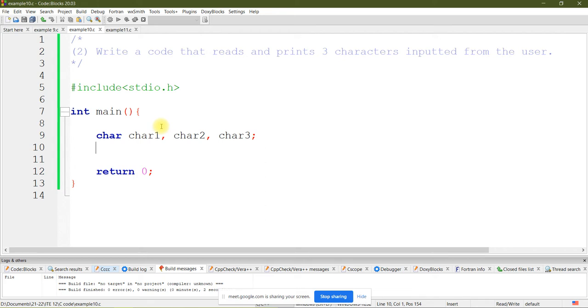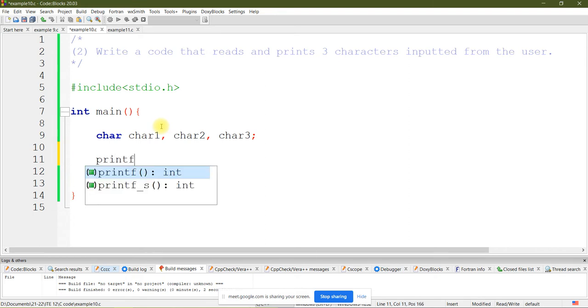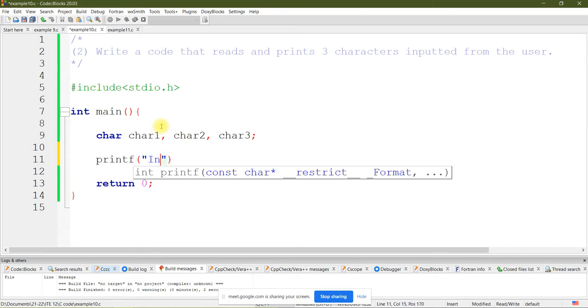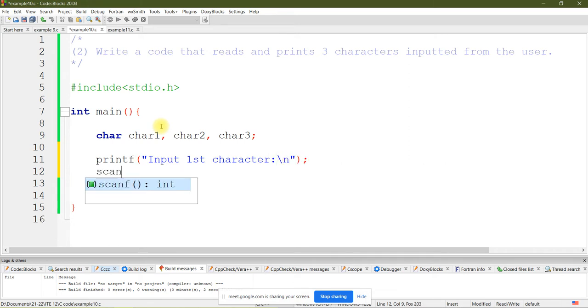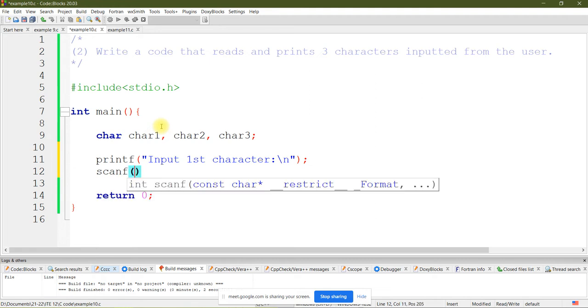Right, so we have here the 3 characters. Now, of course, we will input as well. So, printf for the input prompt. I will discuss later where we can avoid typing the input prompt over and over; it can be done in one line, which I'll discuss. So, scanf. We will also use the placeholder. Percent C, ma'am.